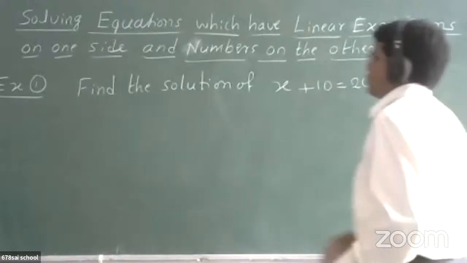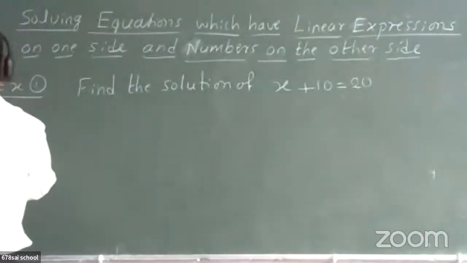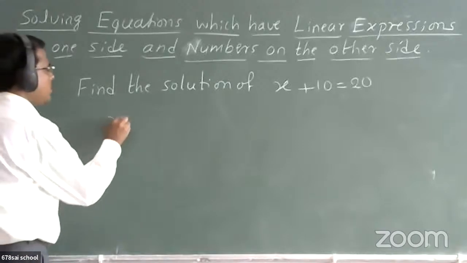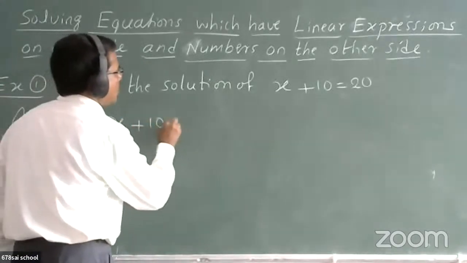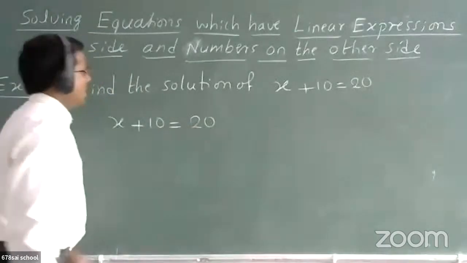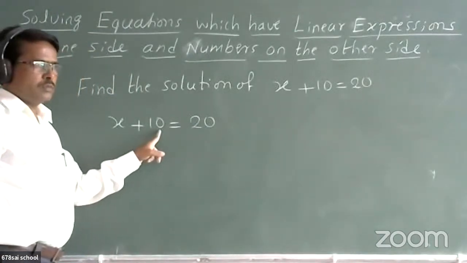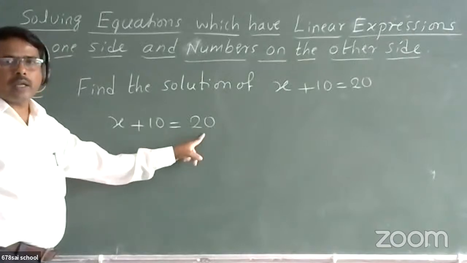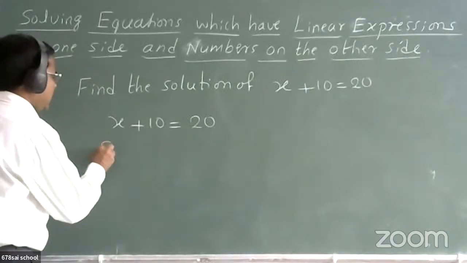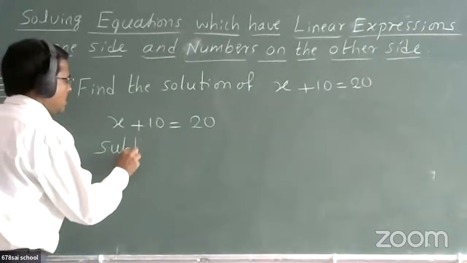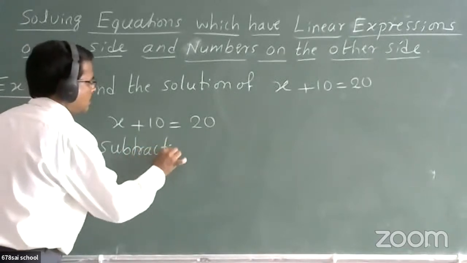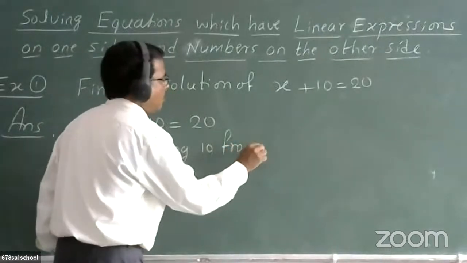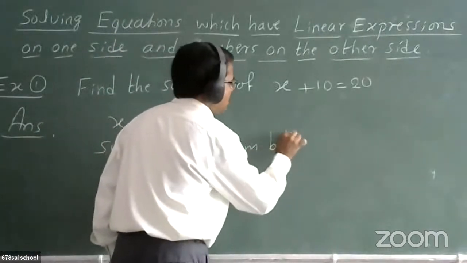Here we should write like this. Answer: x plus 10 is equal to 20. This 10 should be removed. So what will I do? I subtract 10 from this, and I also subtract from this. Subtracting 10 from both the sides.